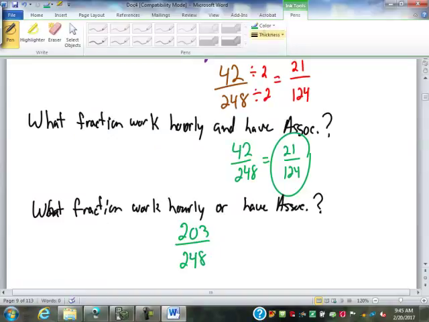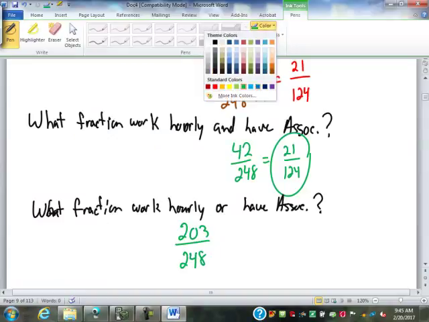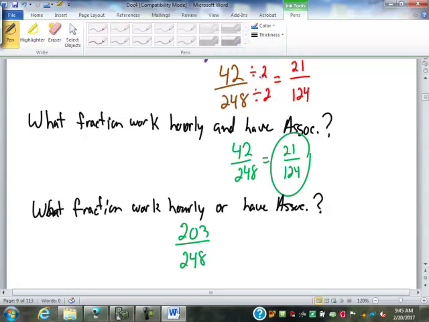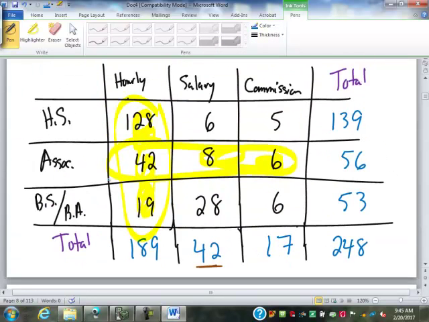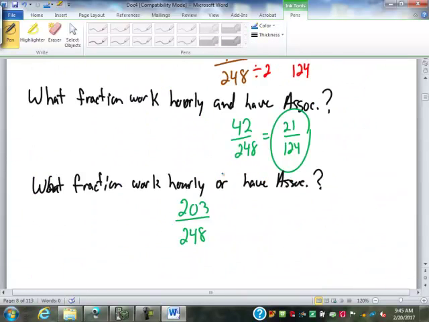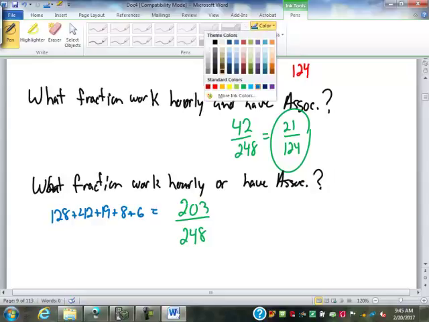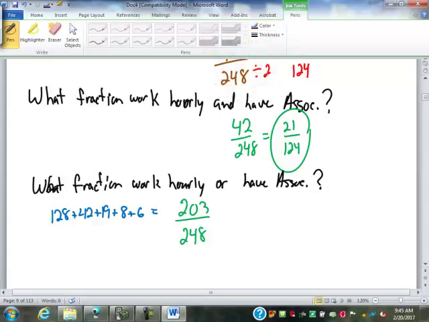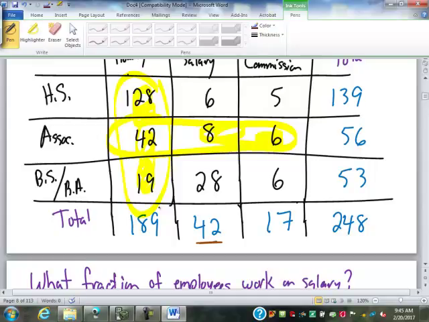Now there are a couple of ways we could have come up with that 203. One was to add all of them up: 128, 42, 19, plus 8 and plus 6. But another way we could have done it, going back to what we saw in that previous example, we could have done 189 plus 56.